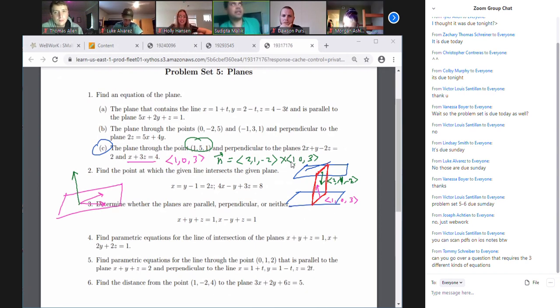Angle between planes. It's supposed to be an easy problem. You just find the angle between the normal vectors. Other questions?